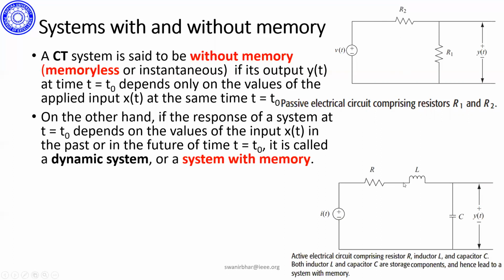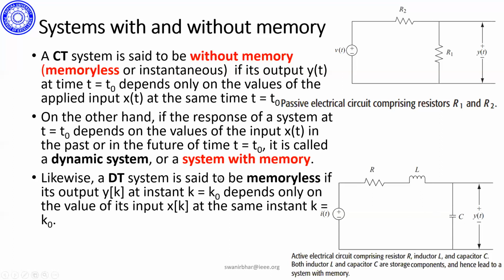On the other hand, if you have an inductor or capacitor system, it is called a dynamic system or a system with memory, as it stores some energy, and it is not the same whether it is this time or that time. Likewise, a discrete time system is said to be memoryless if its output y[k] at instant k equal to k0 depends only on the value of input x[k] at the same instant k equal to k0.